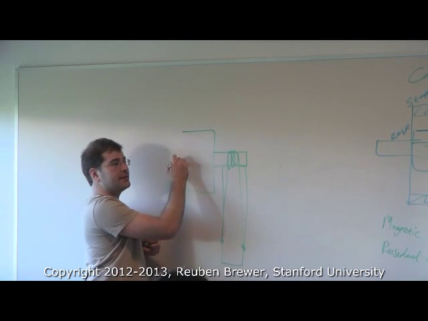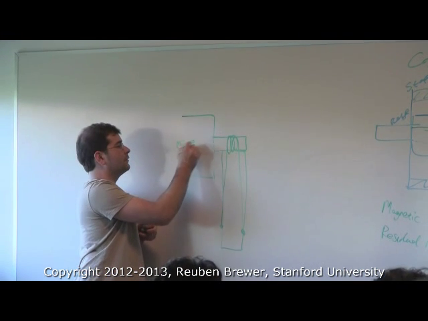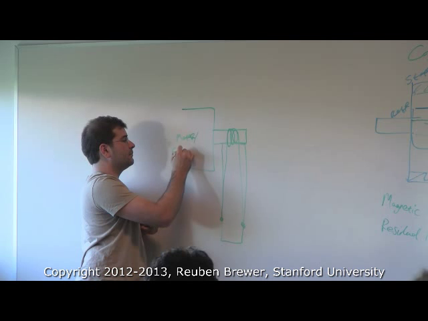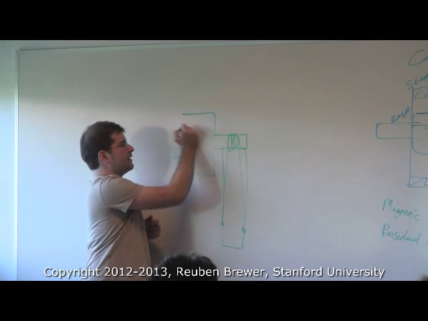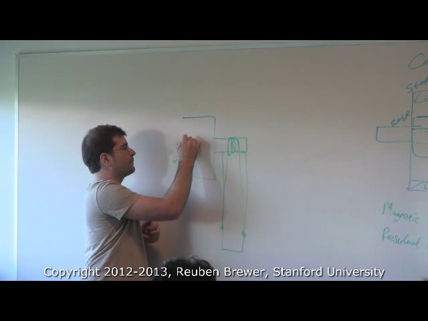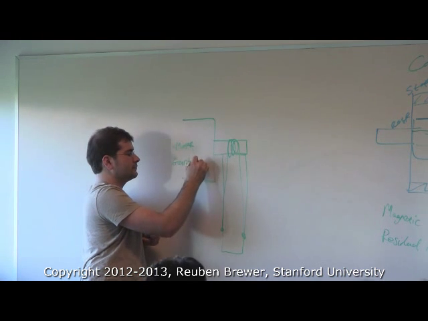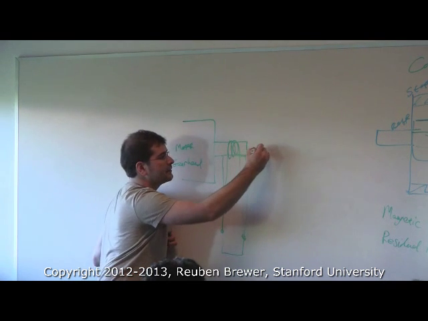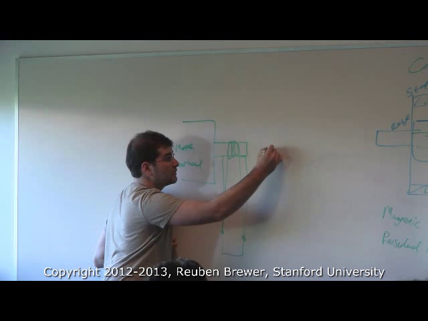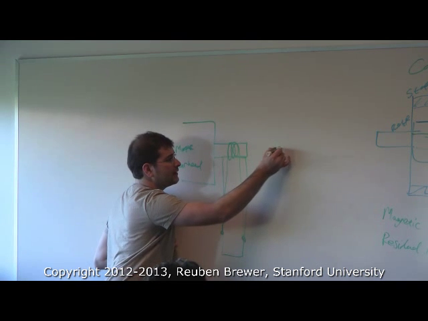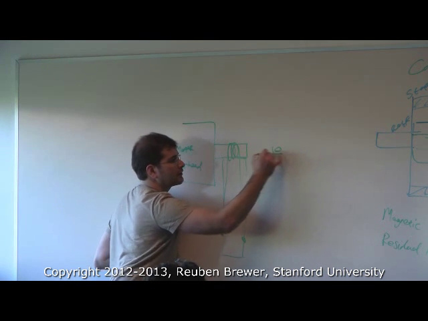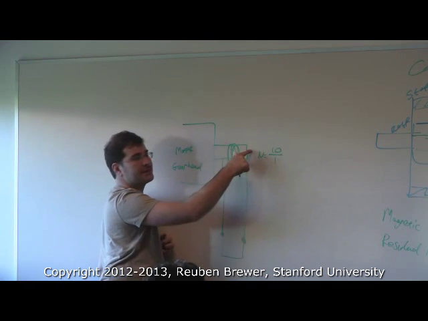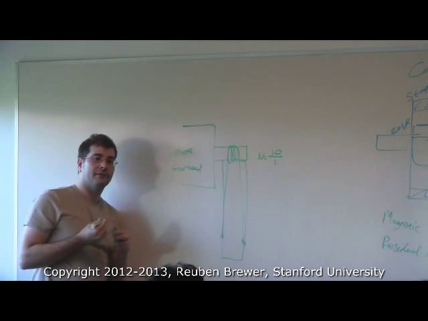Okay, so this is a motor or a gear head. It could be either one. Let's say it's a gear head for now. Okay, and let's say that this is a 10 to 1 reduction. That means I turn this 10 times for one time here.